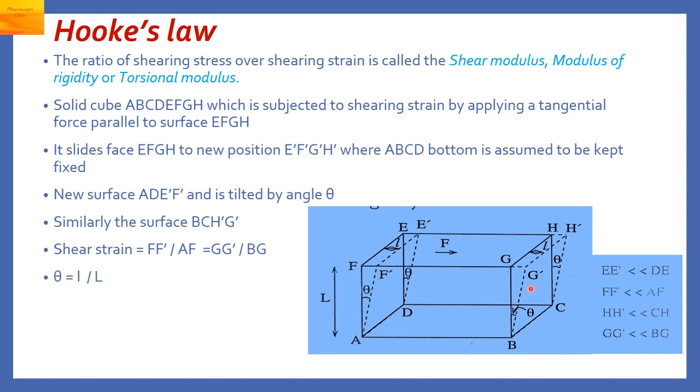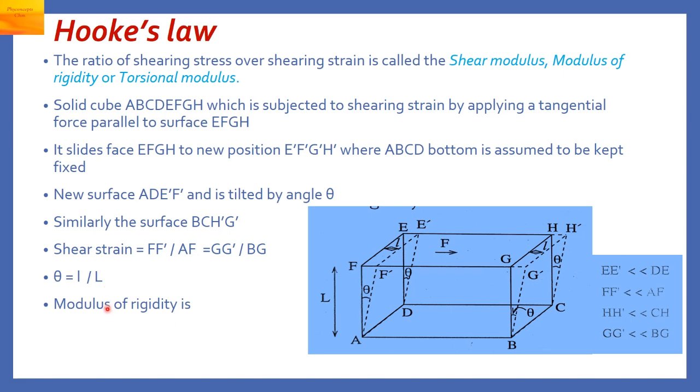Tan theta is this opposite side, which length is denoted by l, divided by the adjacent side, this length is capital L. The shearing strain is considered to be small, hence we can write tan theta as theta. So theta is equal to l upon capital L.